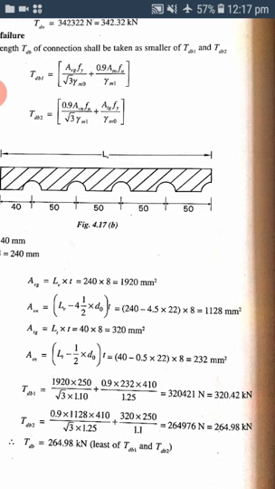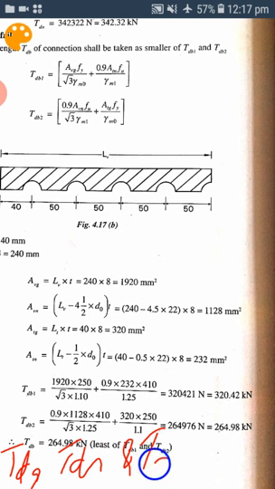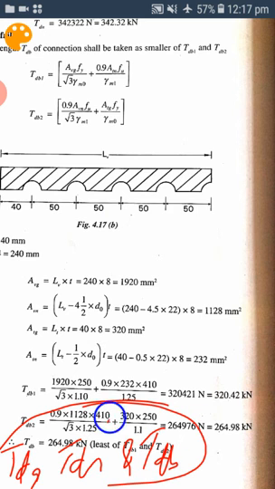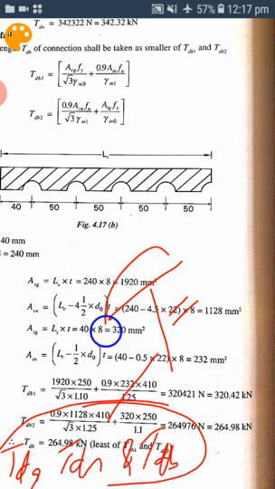So we get TDB as 264.98. Finally, what is the design strength of the member? You take TDG, TDN, and TDB. Whichever is the least among these is the tensile strength of the member. I hope you understood this problem.